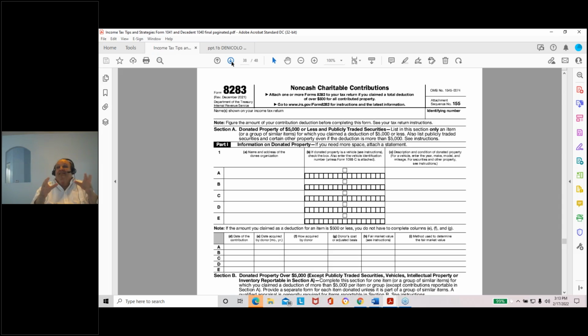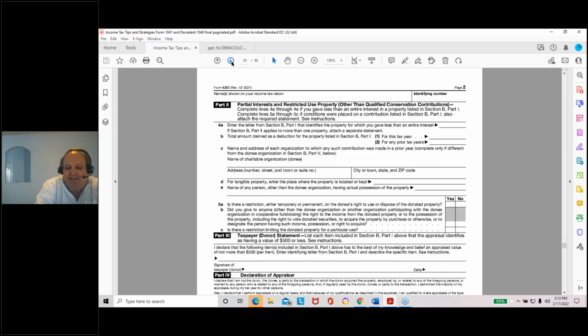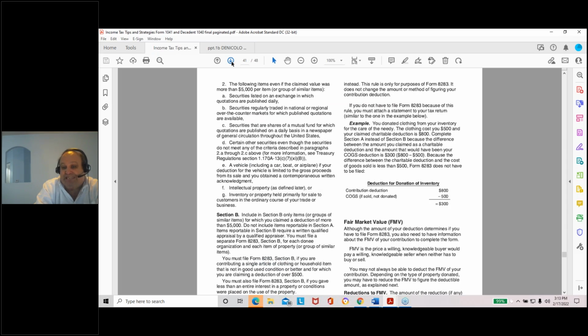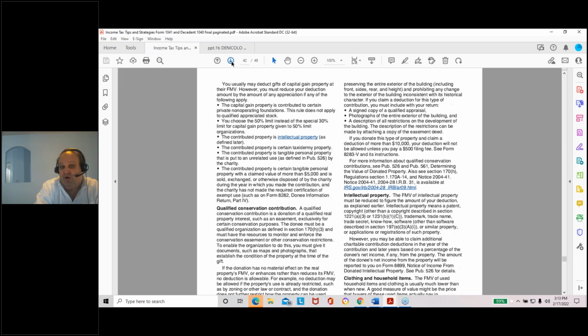And those are very nitty-gritty specific rules. And the instructions here to the Form 8283 actually get into those rules. And there is an IRS publication, if you want to make a note of it, IRS publication 561, which actually discusses those qualified appraisal rules.